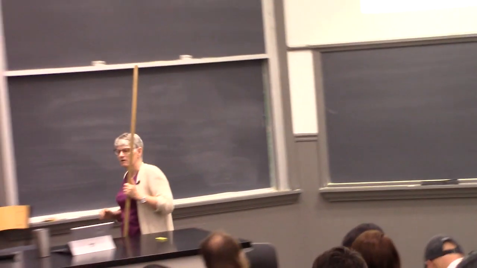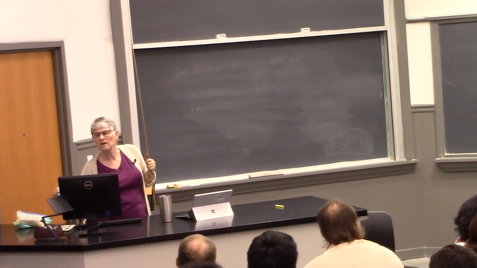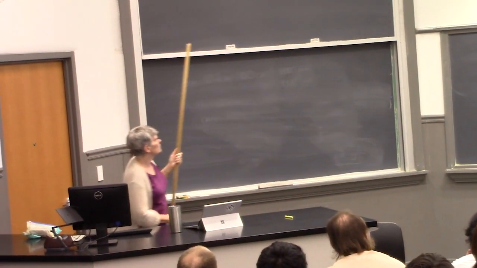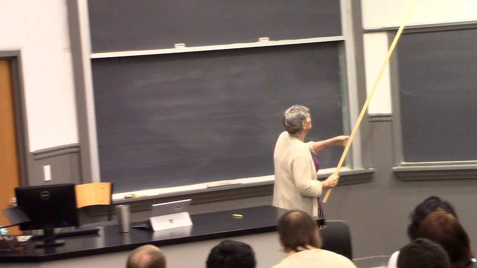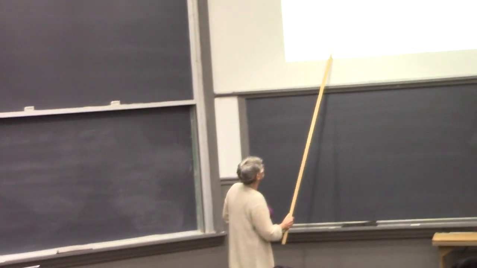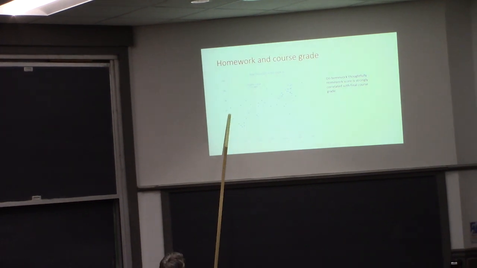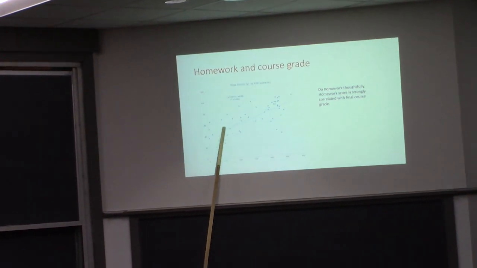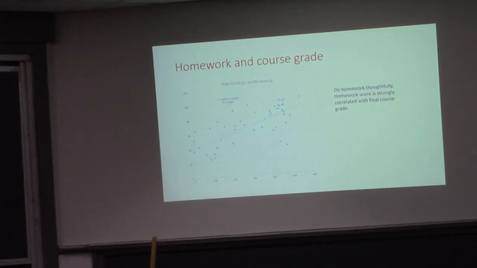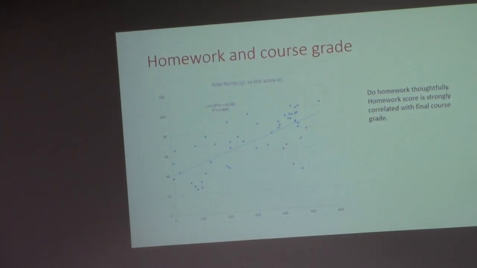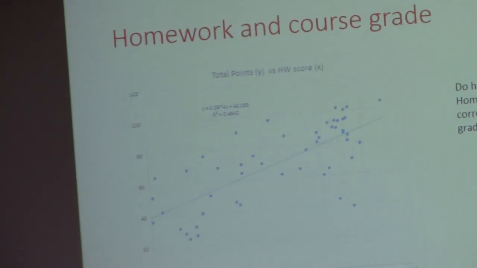Okay, homework. Homework and course grade. Okay, so this is a scatter plot. This is homework score not normalized. And that's grade in the course. Another very strong correlation. Doing homework is important.